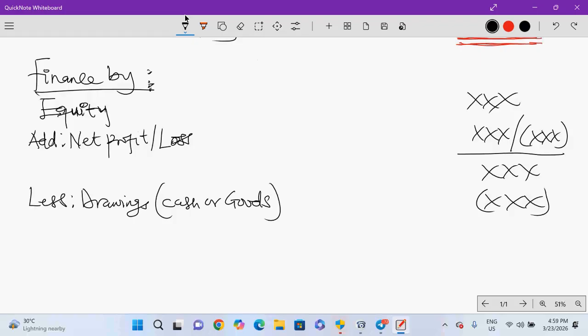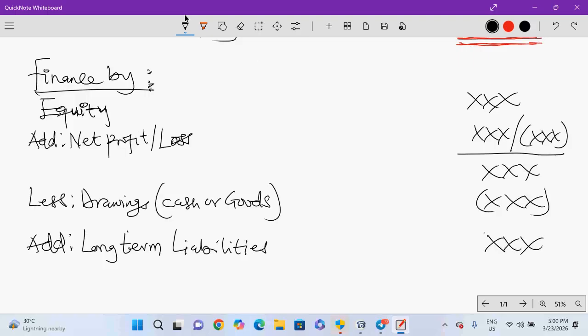What else? Add long-term loan. Long-term liabilities. Add long-term liabilities. What else?